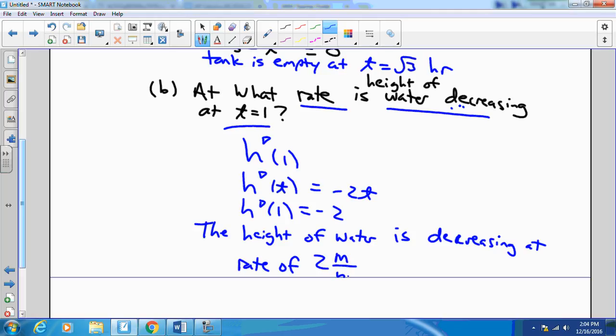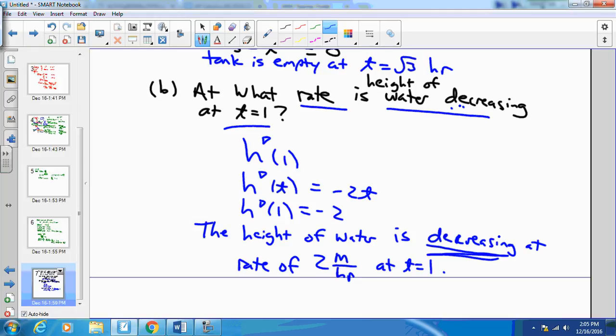Meters per hour, that's right. We have the right units. Here, we do not want to include the negative sign because we already took care of it with the word decreasing. And then finally, what's the last thing? At t equals 1. Be specific. And that's it. That's how those questions are answered.